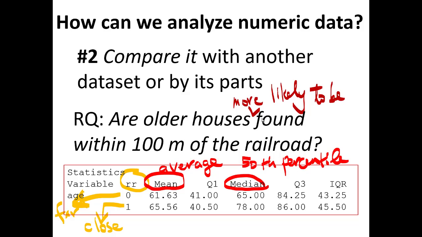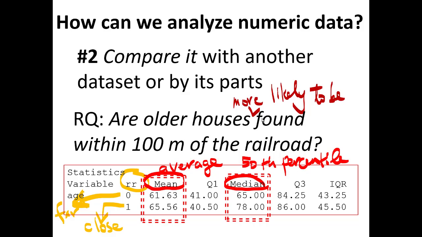So these both suggest that older houses do tend to be found closer to the railroad, or at least within 100 meters of the railroad, than younger or newer houses.